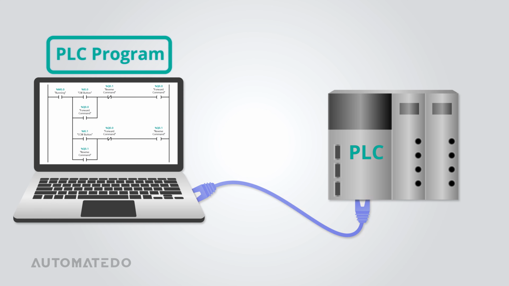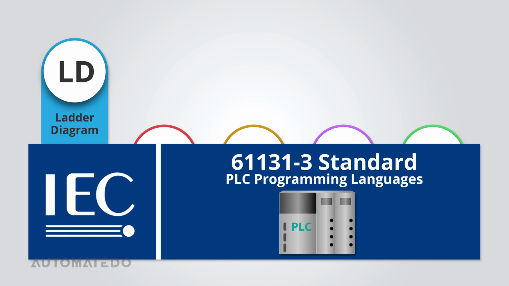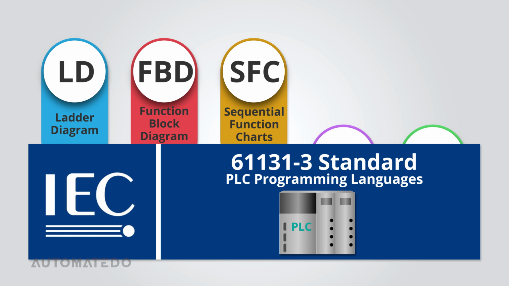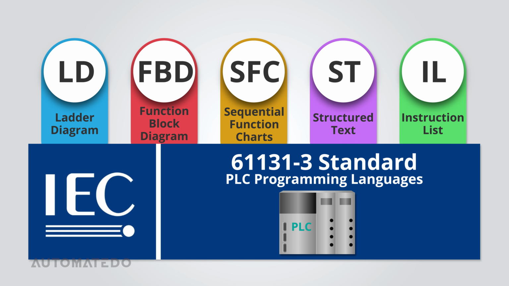A PLC requires programming in a particular language, followed by downloading the program directly into the PLC CPU to function correctly. Under the IEC section 61131-3 standard, there are 5 programming languages utilized for different PLC hardware platforms, namely ladder diagram, LD, function block diagram, FBD, sequential function charts, SFC, structure text, ST, and instruction list, IL.